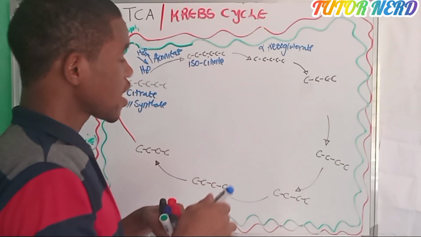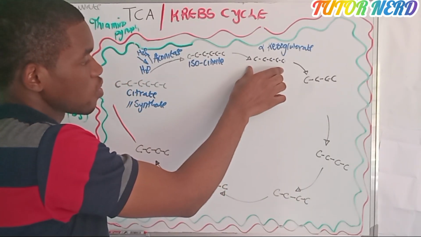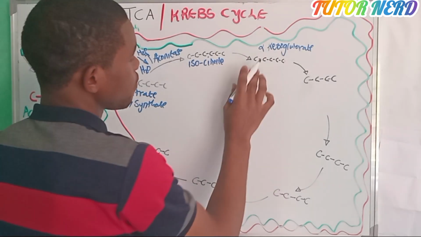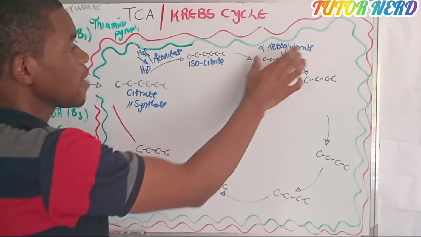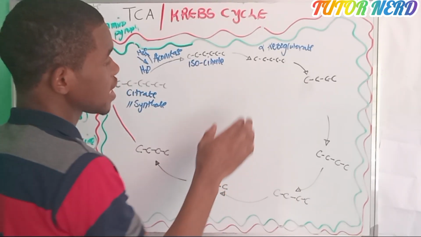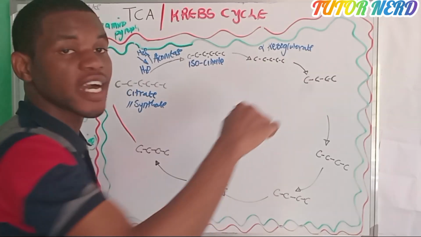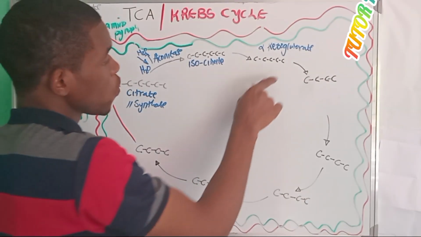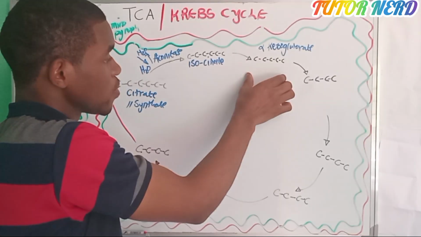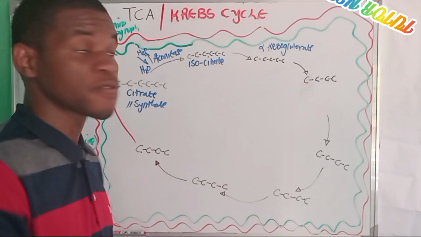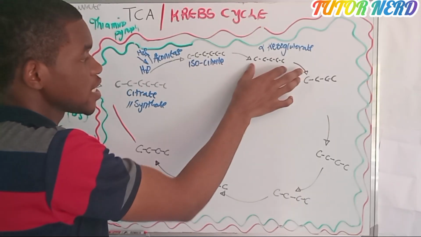So this alpha-ketoglutarate, how many carbon atoms does it have? Let us count: 1, 2, 3, 4, 5. So it has 5 carbon atoms. What happened in the process here? There was a loss of carbon dioxide, because the molecule this is produced from had 6 carbon atoms, but this one has 5.